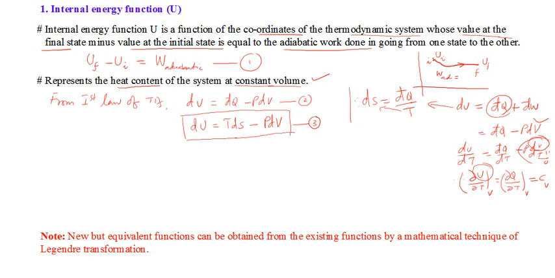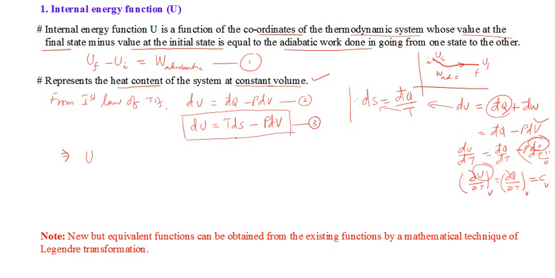From this equation, I can make a mathematical conclusion. I can say that the function U in equation number 3 can be expressed as a function of two variables. Which are the two variables?